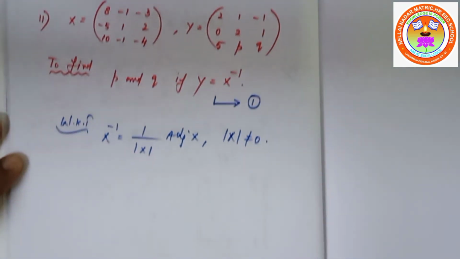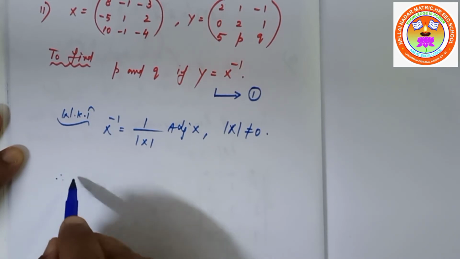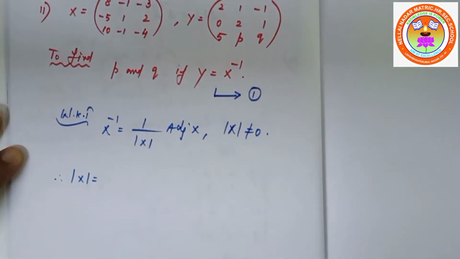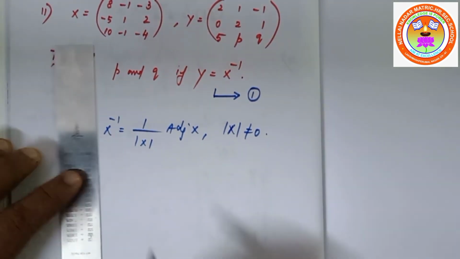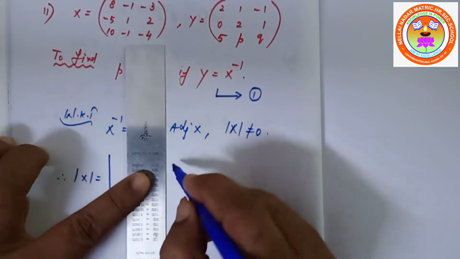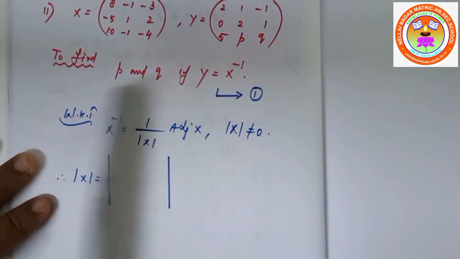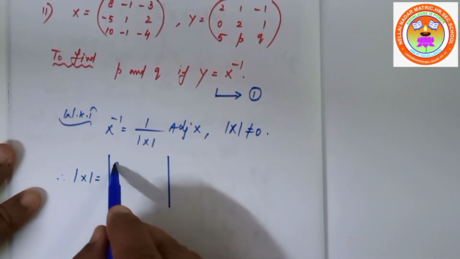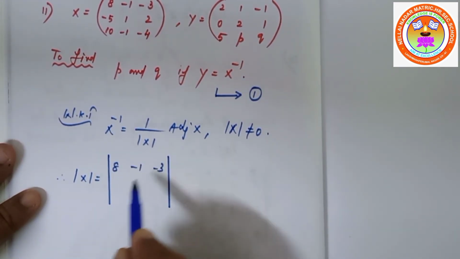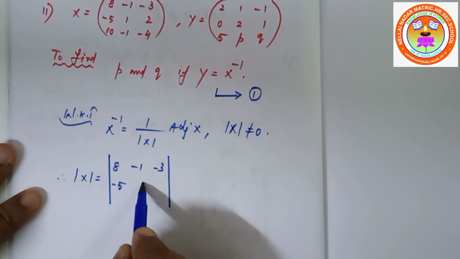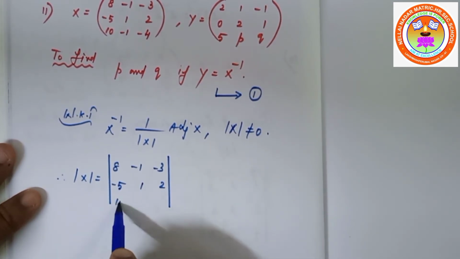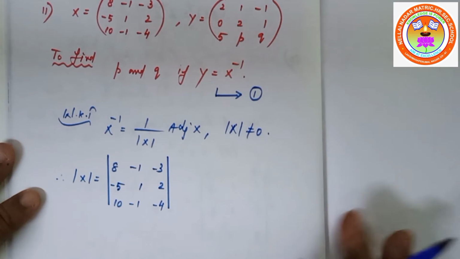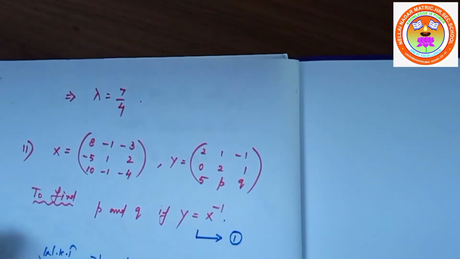So we can find the determinant of X. Therefore, determinant of X equals the X matrix, that is 8 minus 1 minus 3, minus 5 1 2, 10 minus 1 minus 4. This is matrix X.